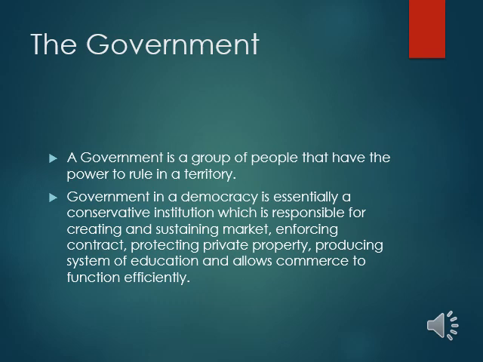Government in a democracy is essentially a conservative institution which is responsible for creating and sustaining markets, enforcing contracts, protecting private property, producing a system of education and allowing commerce to function efficiently.